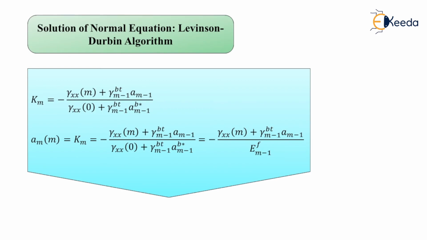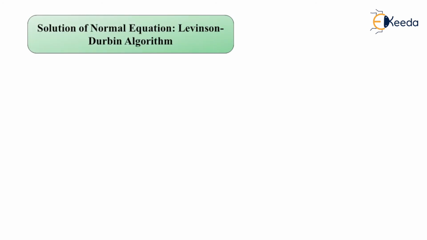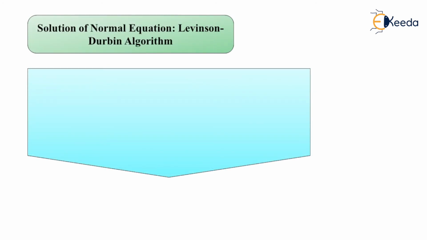In the denominator here we denote it as MMSE, the minimum mean square error, denoted by capital E suffix m to the power f. Now we also write small a suffix m of k is equal to small a suffix m minus 1 of k added to capital K suffix m, the conjugate of a suffix m minus 1 of m minus k, in multiplication to this capital K suffix m.